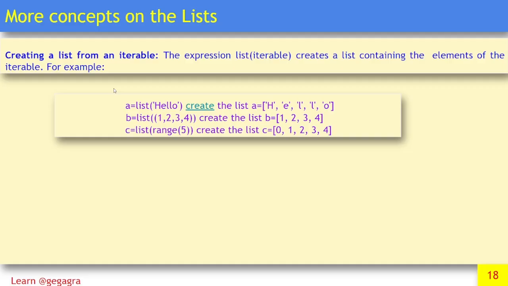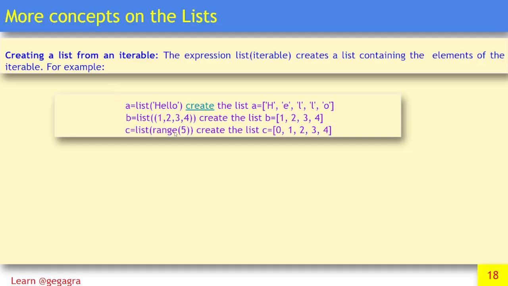Similarly, b is again a list being created from a tuple, and the list will be 1, 2, 3, 4. And the third object is the range, and from this range I am going to create a list. So c is equal to list of range 5, so it will start from 0 with a gap of 1. So 0, 1, 2, 3, 4 will be the values, and from these values it will create a list. So let's move to Colab.